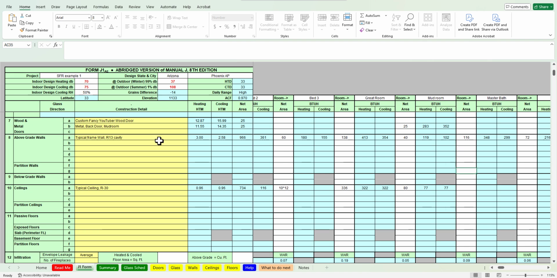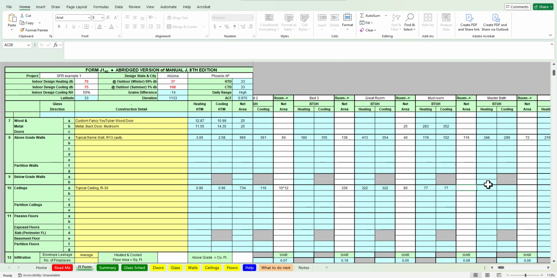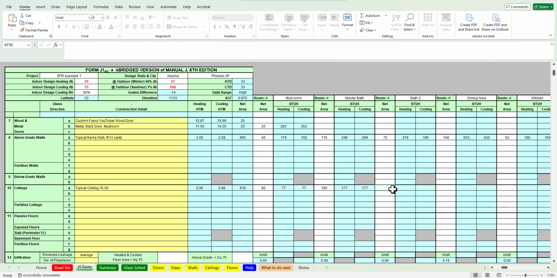So now 15 is this dimension here. Yeah, that looks about right. So 15 by 12 feet 4 inches, which is a third, so that would be 12.33. So we go 15 times 12.33. Now we are up to this room here, bath 2.